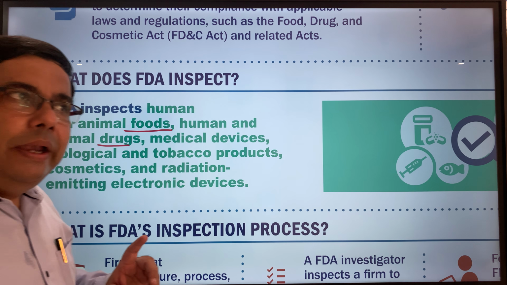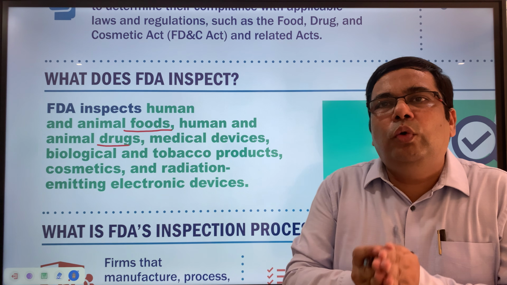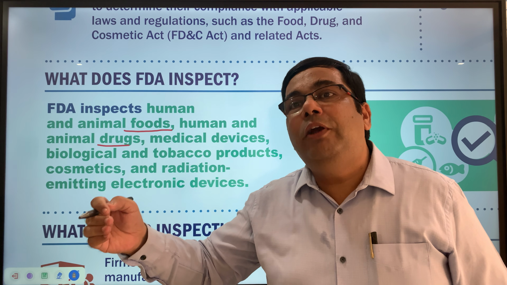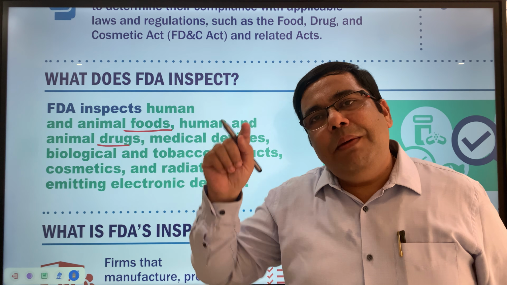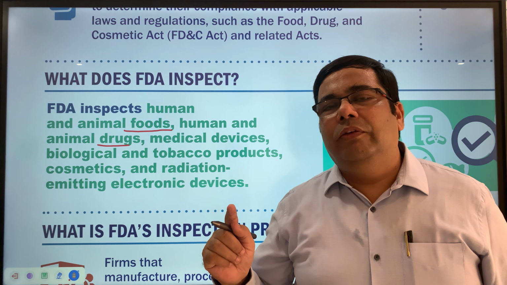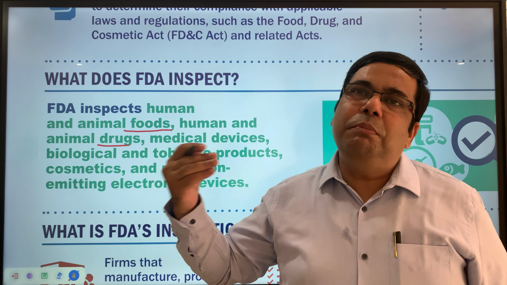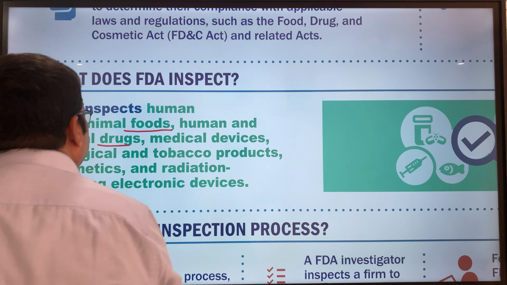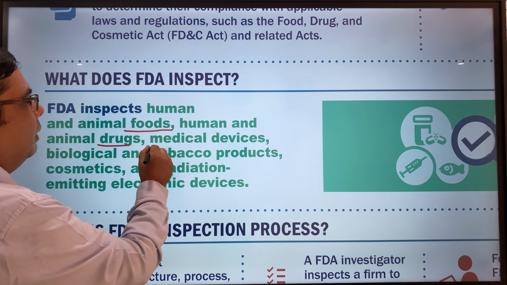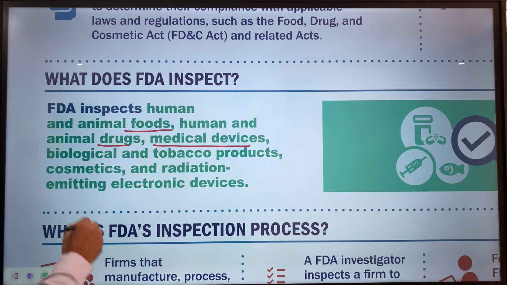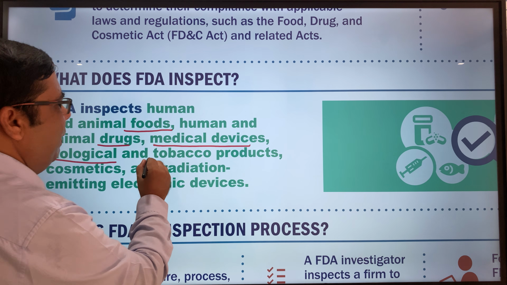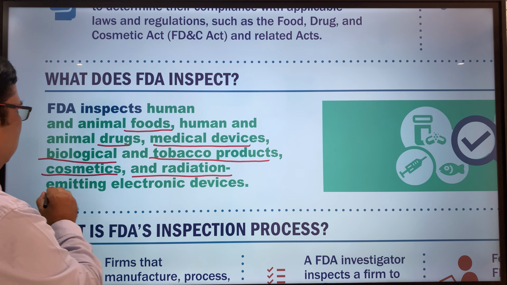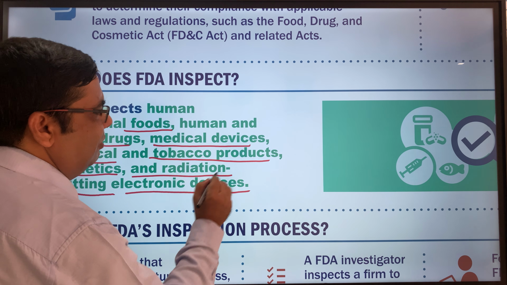Remember that whatever GMP you need to follow for manufacturing of food or drugs meant for human beings, the same precautions and same requirements are there if you are manufacturing for animals, right? Then medical devices, biologicals, tobacco products, cosmetics and radiation emitting electronic devices.